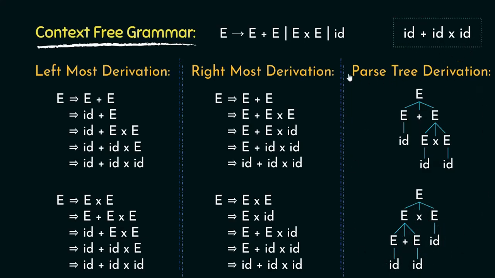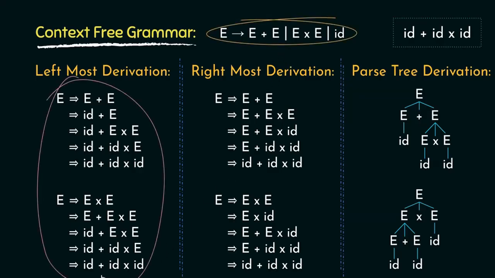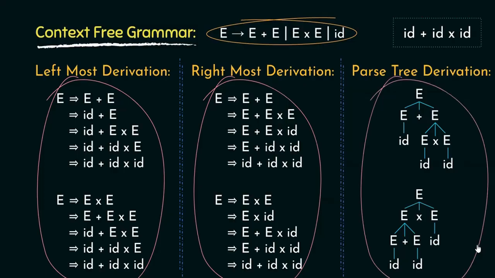Now remember this, for any grammar, if we obtain either more than one leftmost derivations, or more than one rightmost derivations, or more than one parse tree, then the grammar is clearly ambiguous. If it had been unambiguous, the derivations should have been unique and one and only.